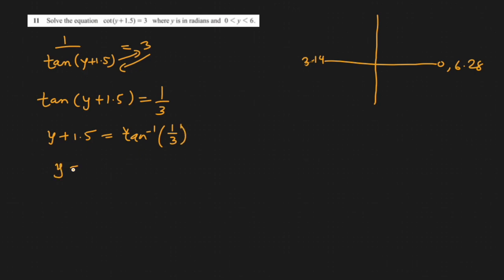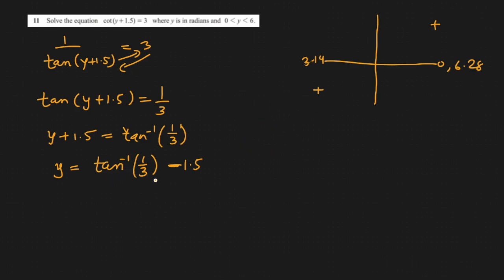That means y is tan inverse 1 over 3 minus 1.5. Since our answer is being subtracted by 1.5, I'll have to see tan is positive here and positive here. I'll not only use this, I will use the next round also because they are positive, right? So can I go negative? I'll see. First I'll answer the positive ones.